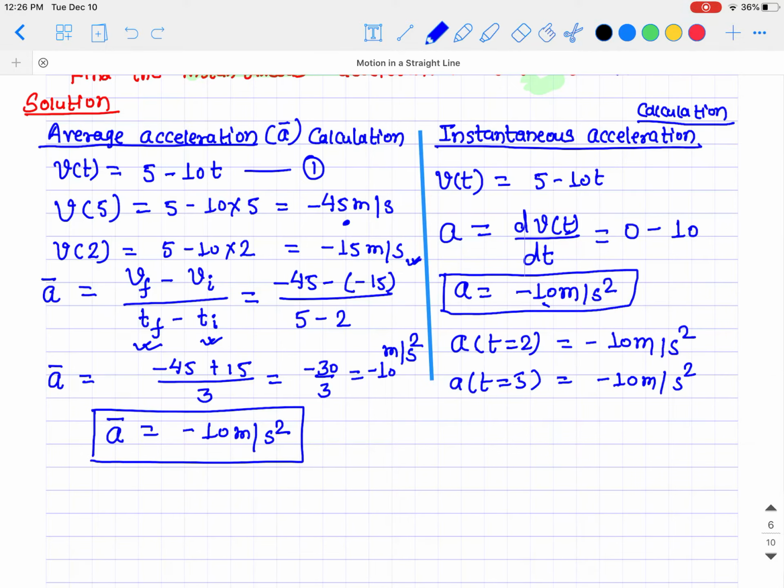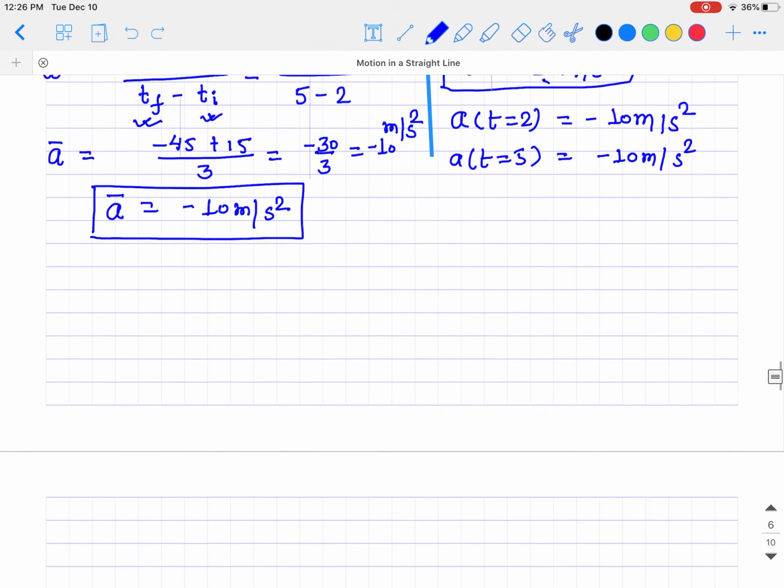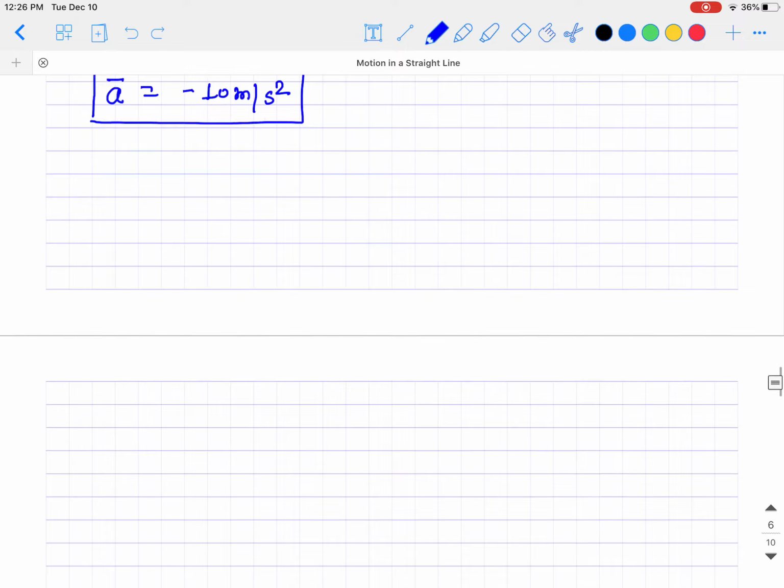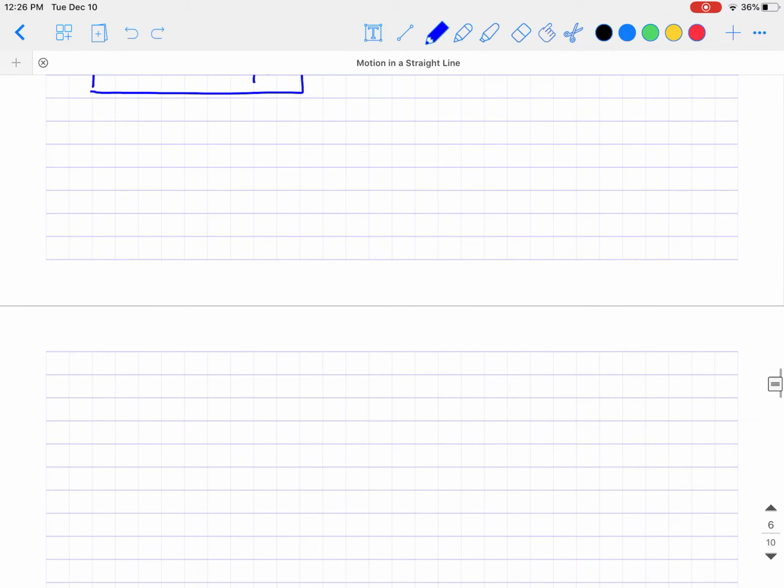Now let me give you another example of the differences between the average and the instantaneous acceleration. This is example number 2. Let's suppose the velocity is 5 minus 10t squared.